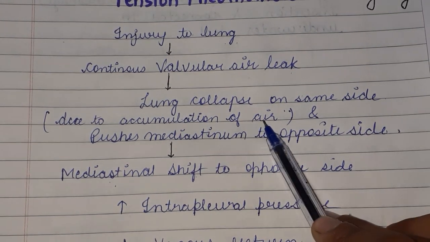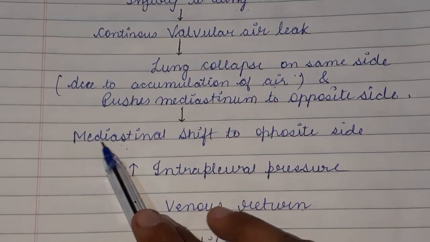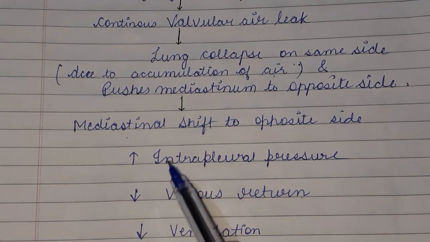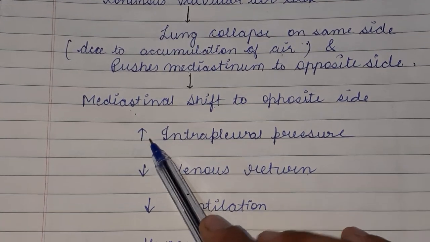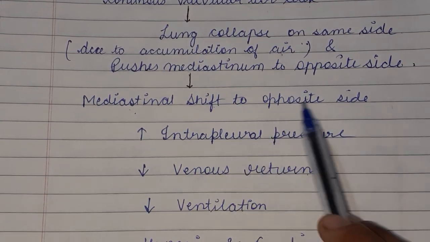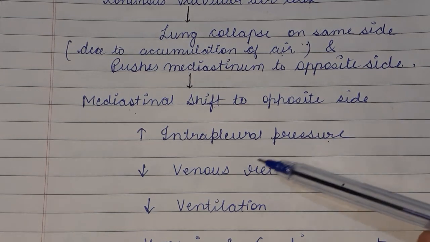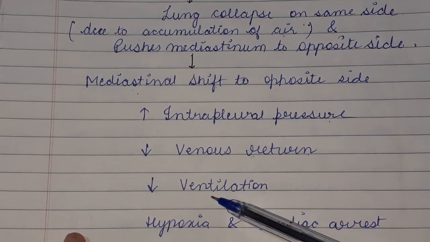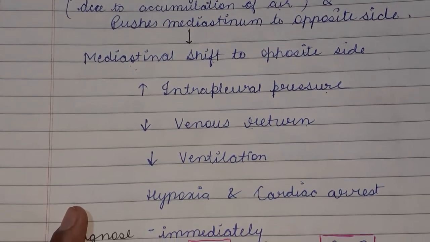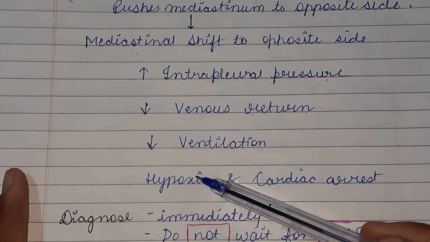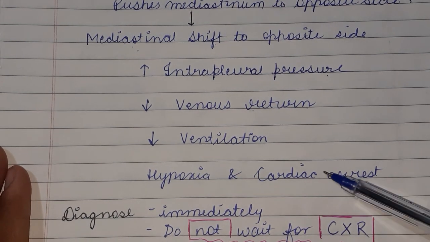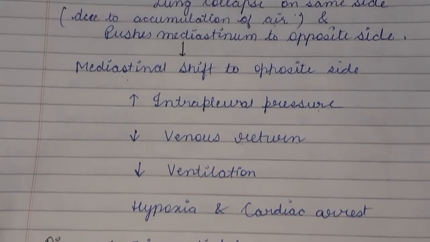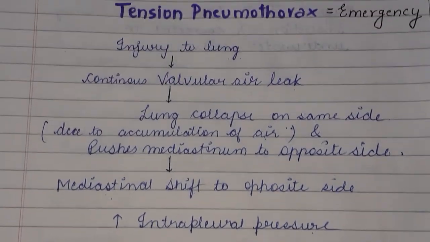This accumulation of air will lead to the mediastinal shift to the opposite side, and this will cause the increase in intrapleural pressure. This will lead to the decrease in venous return, then the decrease in ventilation, and the patient will be in the condition of hypoxia, and there will be cardiac arrest. So this is the cause of tension pneumothorax.